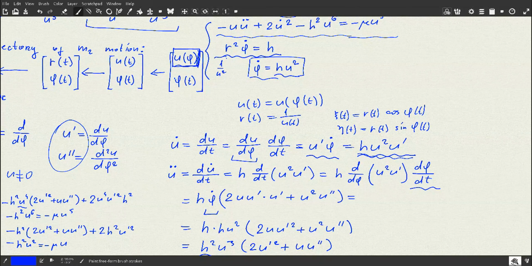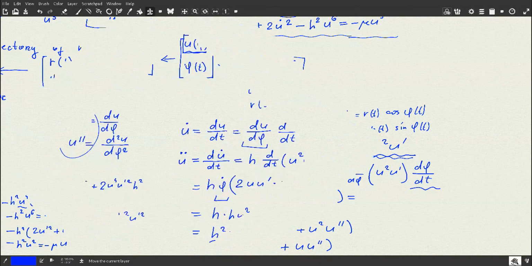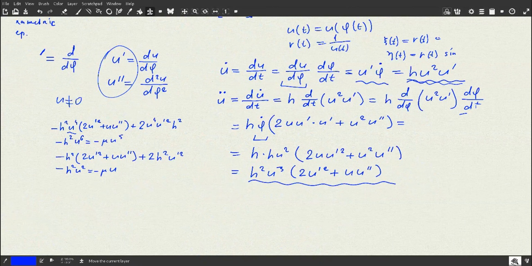The 2 h squared u prime squared terms with plus and minus cancel each other. Oh, so a horrible equation with degrees of u up to 6, as we got originally, appears to be a very simple one, actually. So now the first term and the third term cancel each other.